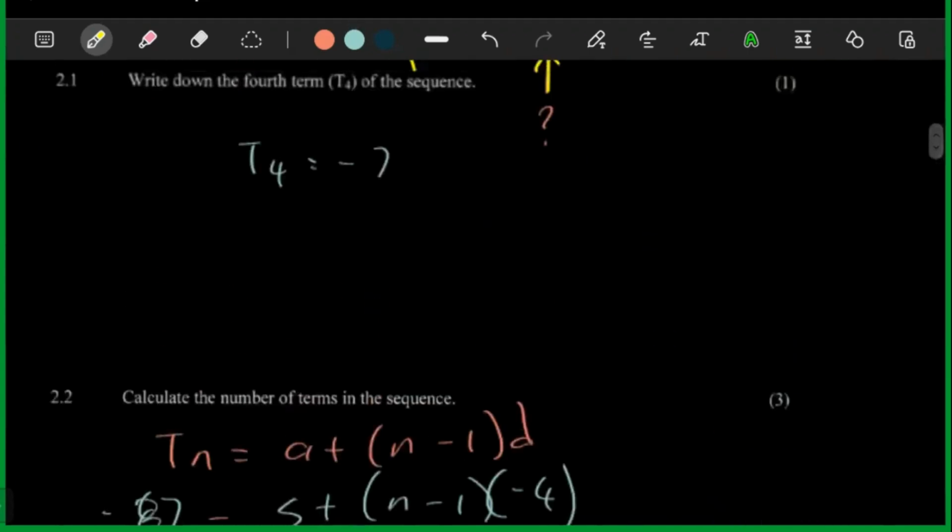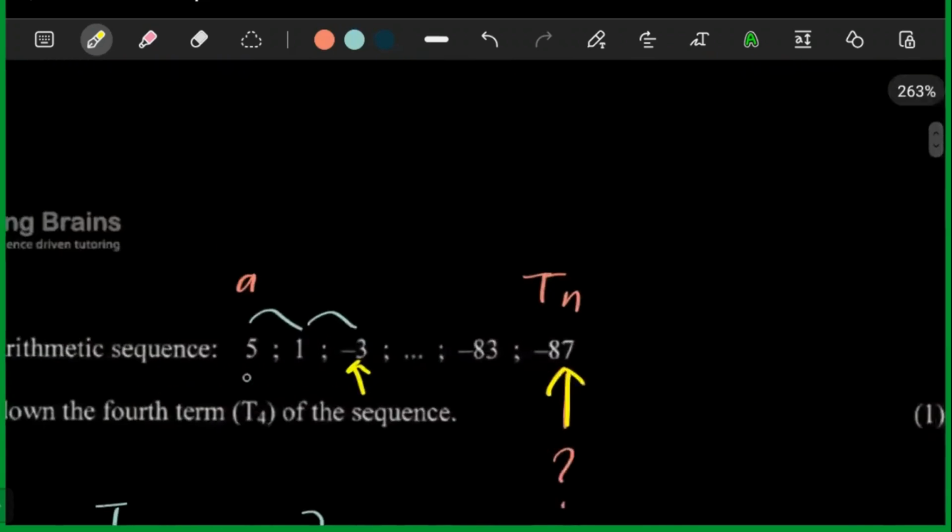From here to here, this is T2, this is T24. So from T2 until T24, you're actually dealing with 22 terms, because you'll be excluding the first one. So from -3 up until -87, that's 22 numbers.